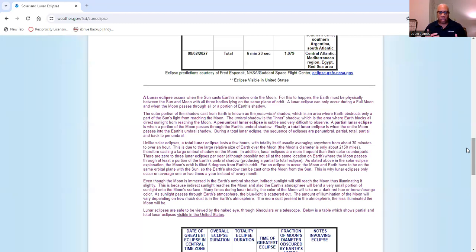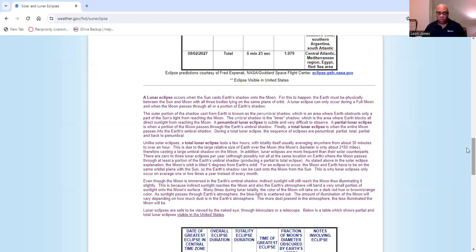This is due to the large relative size of Earth compared to the moon. Now, the moon's diameter is only about 2,150 miles, and the Earth is so large that it casts a large umbral shadow on the moon, so you're going to see a longer eclipse.